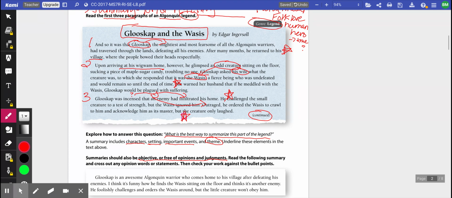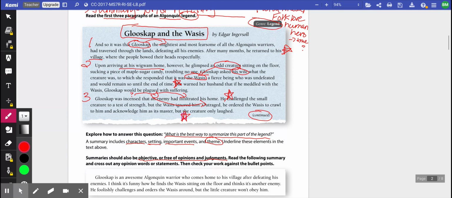So, Gloosclap is an awesome Algonquin warrior who comes home to his village after defeating his enemies. I think it's funny how he finds the Wessis sitting on the floor and thinks it's another enemy. He foolishly challenges and orders the Wessis around, but the little creature won't obey him.